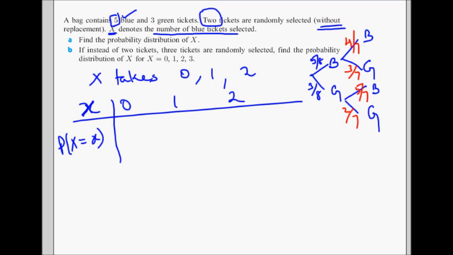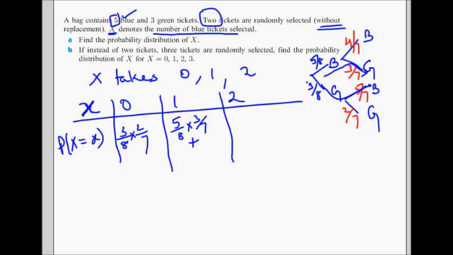So the probability of getting 0 blue would be green and green, which is 3 over 8 times 2 over 7. Whatever the answer is, you can simplify and write it there. Getting 1 blue would be 5 over 8 times 3 over 7, plus this way, green and blue, 3 over 8 times 5 over 7.